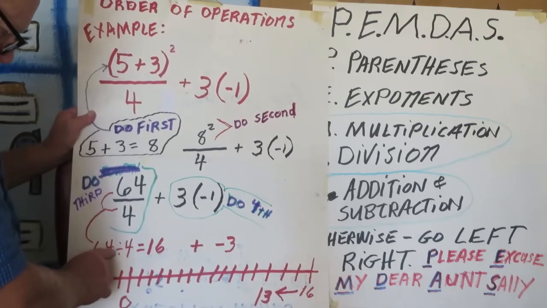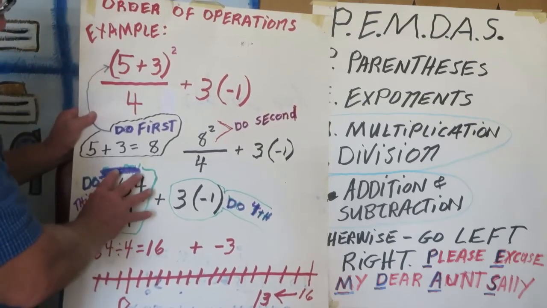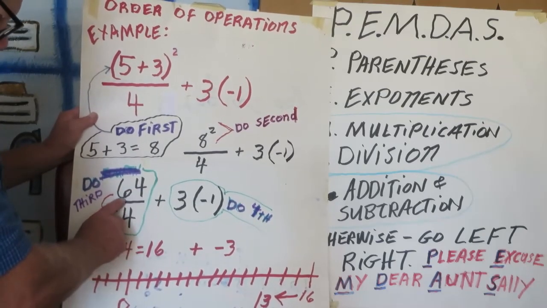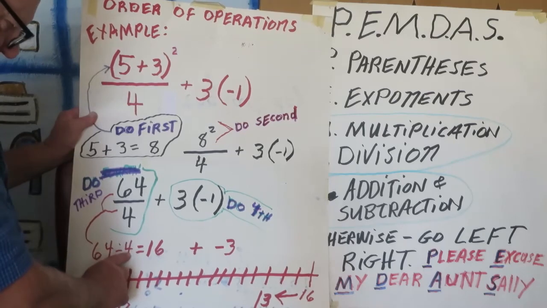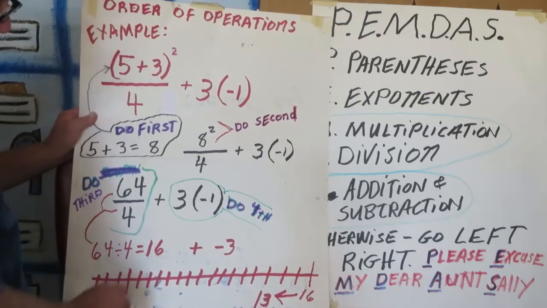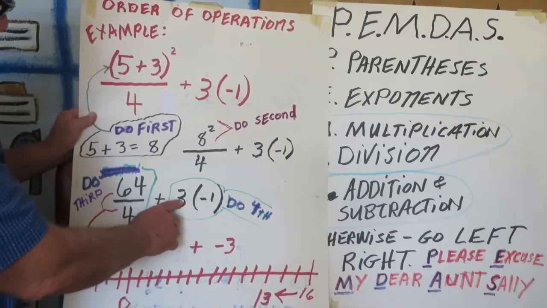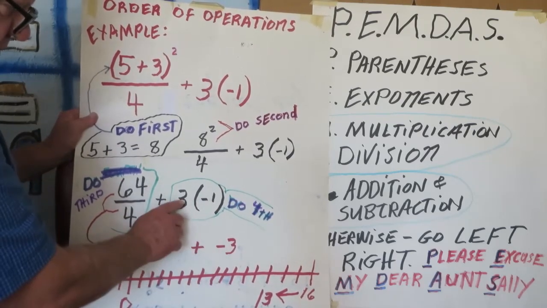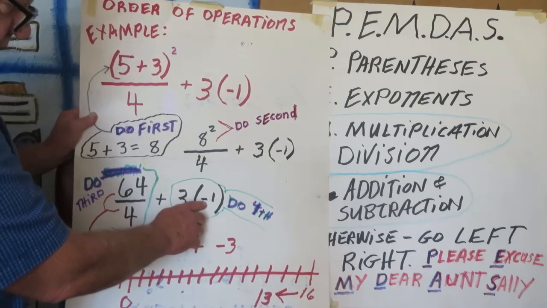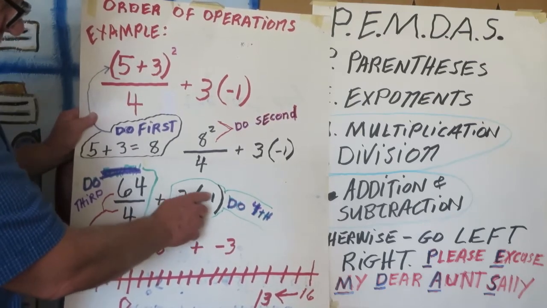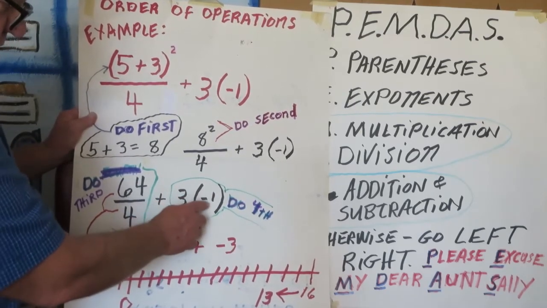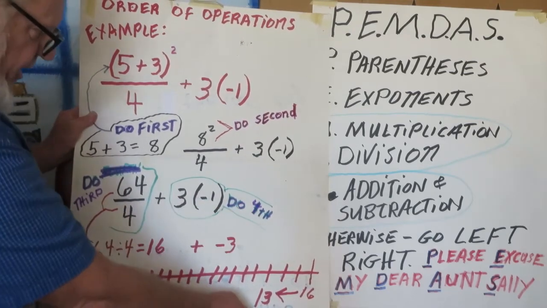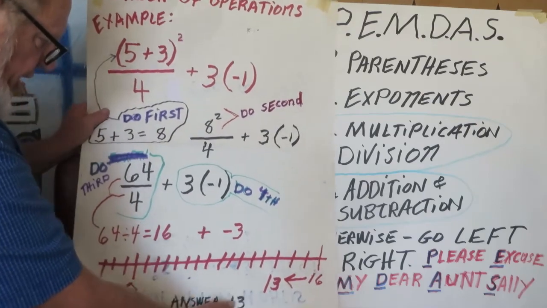So we would do division next, division and multiplication, but I'll divide this one first. 64 divided by 4 equals 16, plus 3 times a negative 1 gives us negative 3. A positive times a negative is a negative. 3 times 1 is 3. 3 times negative 1 is negative 3. So that's the fourth thing I did, was multiply 3 times negative 1.